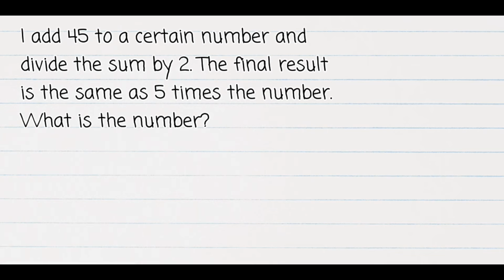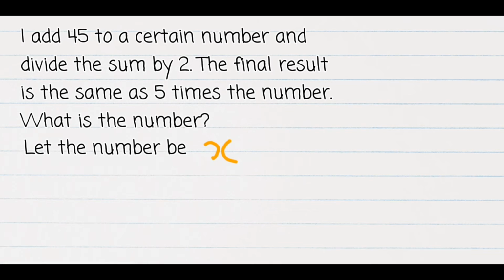I add 45 to a certain number and divide the sum by 2. The final result is the same as 5 times the number. What is the number? Now, in this example, we are going to pick an unknown like we did in the previous examples, to represent the certain number. So for this example, let the unknown be x. So let the number be x.